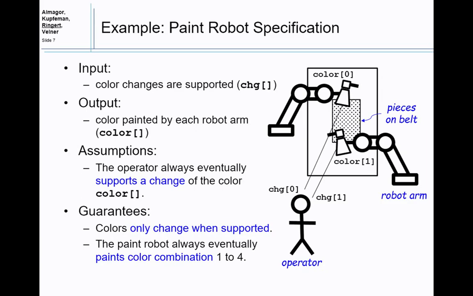Then we have some assumptions. The operator always eventually supports the color change, and some guarantees that the colors can only change when it's supported. And we want the guarantee that we always eventually color in some color combinations. And this would be a specification from which we would want to synthesize an implementation of the robot.